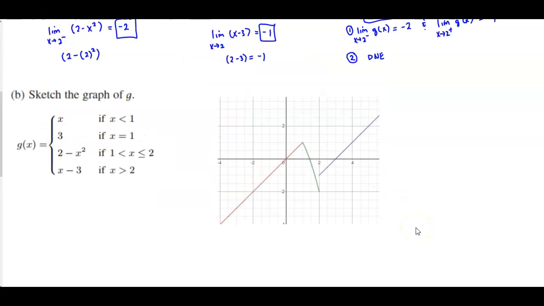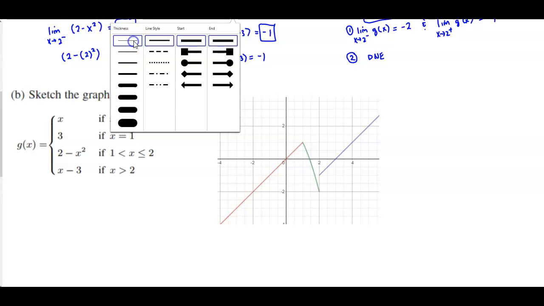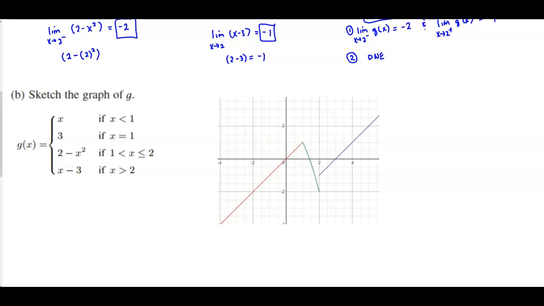We also need to make sure that we include that point, which is 1, 3. So 1 and 3 is right here. So there's our point 1, 3.